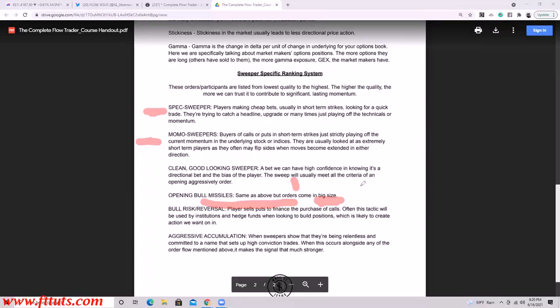Even JD recently, some of those sweeps are missiles. We spoke about that. If it wasn't a Chinese name, I'd definitely take a shot. Those are missiles. That's big action. And whether you like the name or not is irrelevant, because whoever's throwing that action in obviously likes the name. There's no doubt about it.